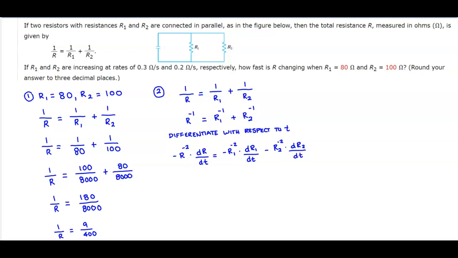And now let's rewrite this without negative exponents. So we have negative 1 over R squared times dR over dt, equal to negative 1 over R1 squared times dR1 over dt, minus 1 over R2 squared times dR2 over dt.